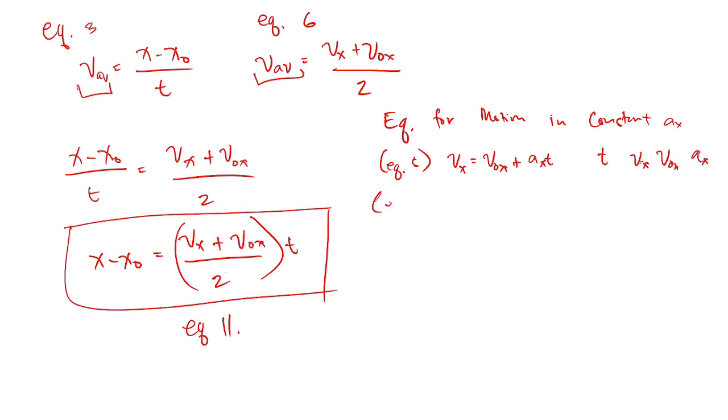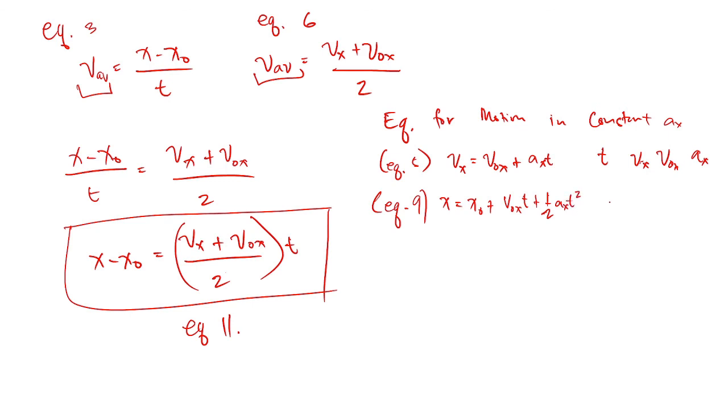And another formula that is useful for constant acceleration will be equation 9, wherein we have our final position equal to the initial position plus the product of initial velocity and time, and also one half of the product of the constant acceleration times time squared.